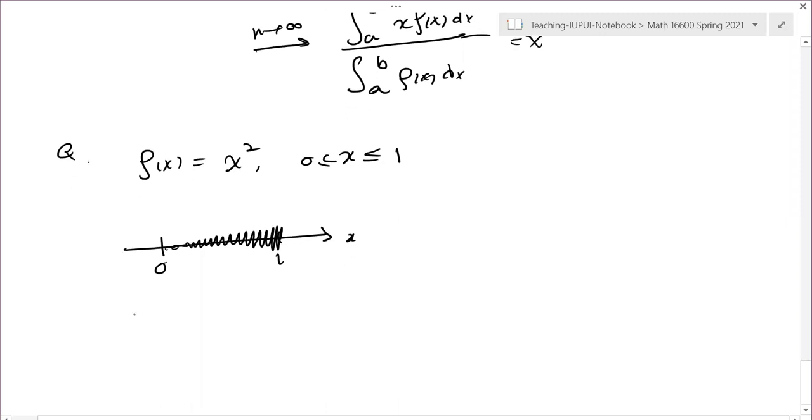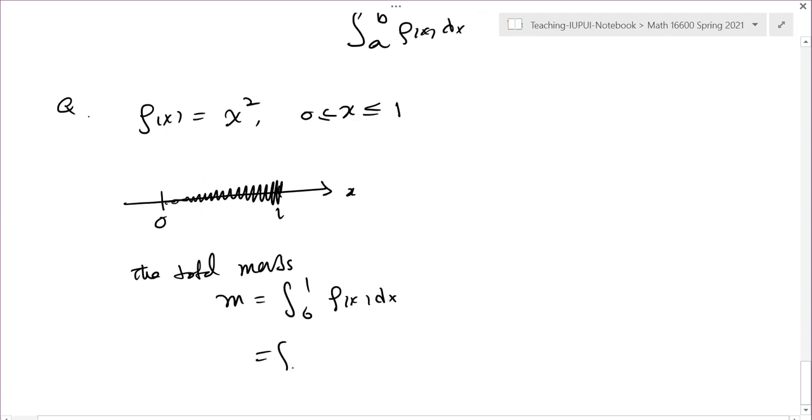So the total mass m is going to be the integral from 0 to 1 of x squared dx, which is one third of x cubed from 0 to 1. That's just 1/3. We don't have a unit right now.